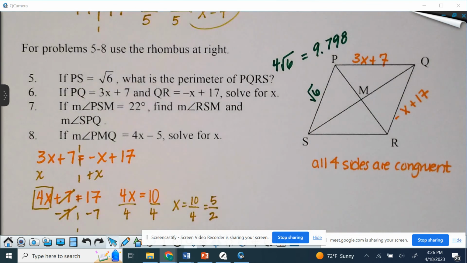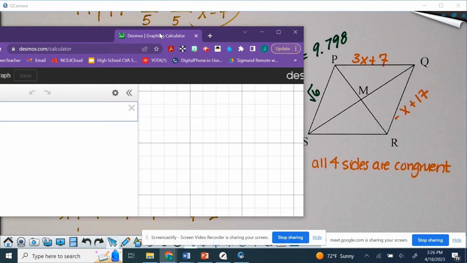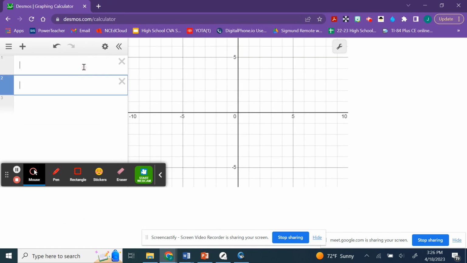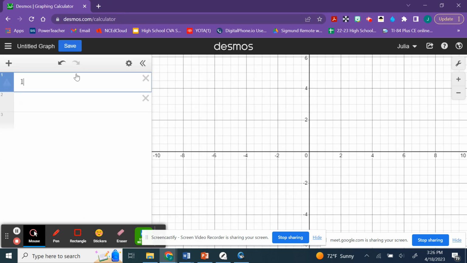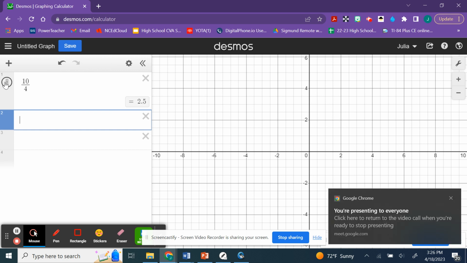Now, in Desmos, which is embedded in your EOC, make sure that day you know where that is. If you type in 10 divided by 4, enter, you get 2.5 as a decimal. Over here, there's a round circle with the 2 little squares in it.